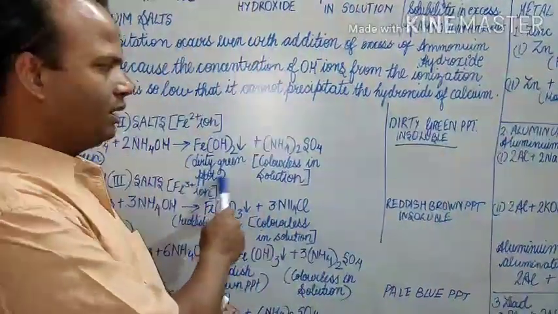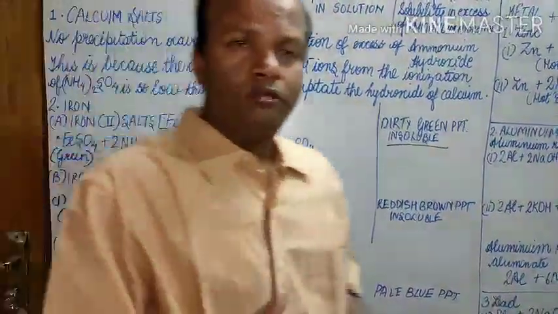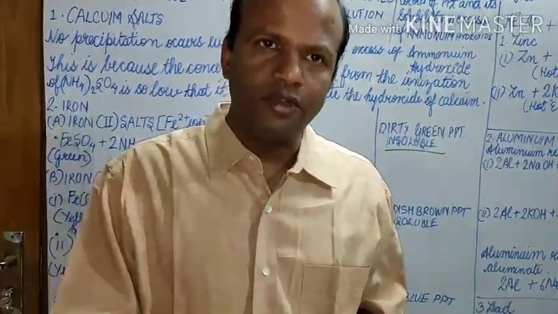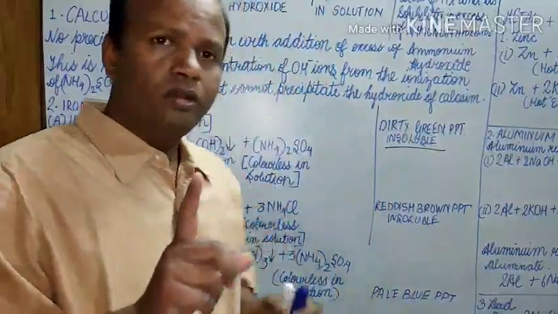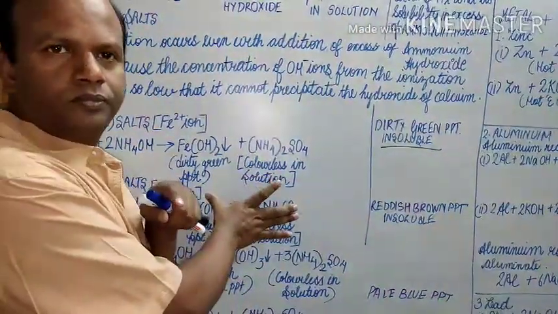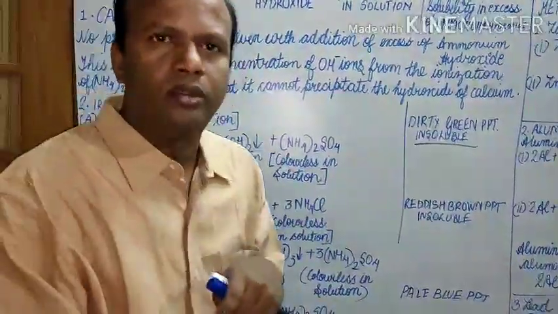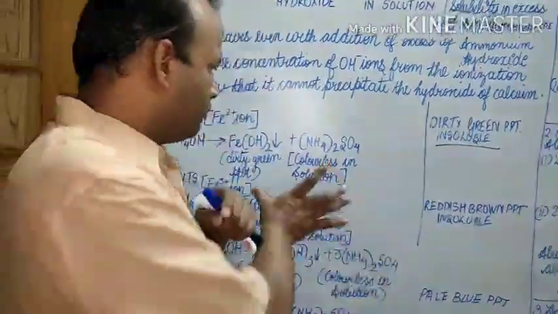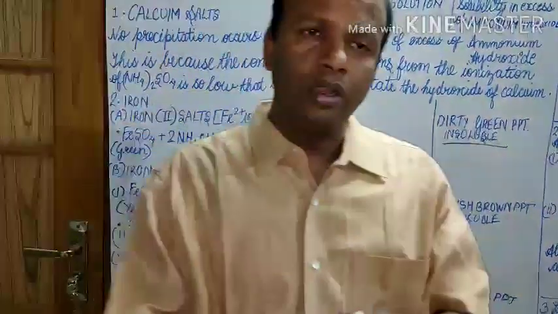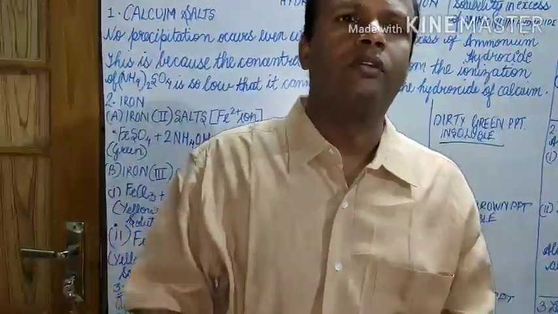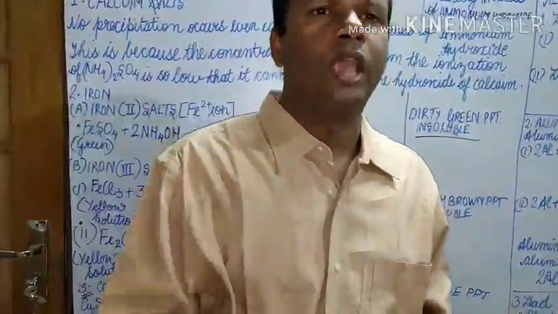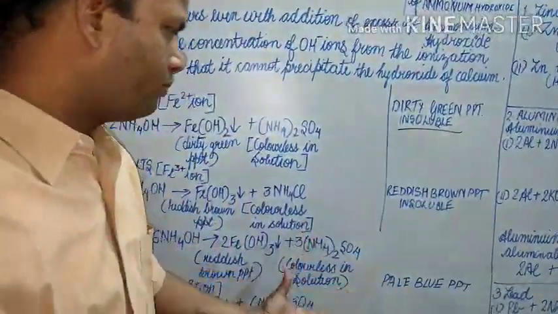When we add in excess, we can go two ways: either we take it as a whole without filtering it, or we filter it and proceed with our test with the precipitate only. Both ways we can proceed, and we will observe what happens.